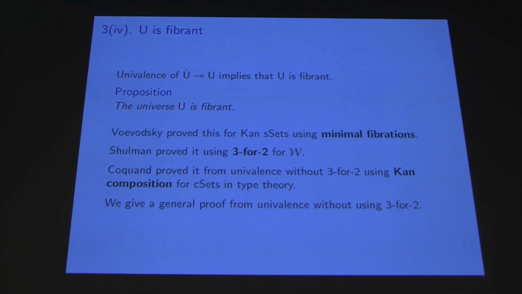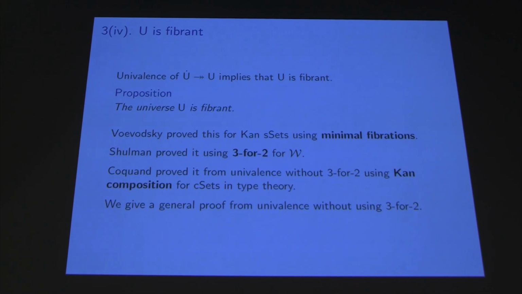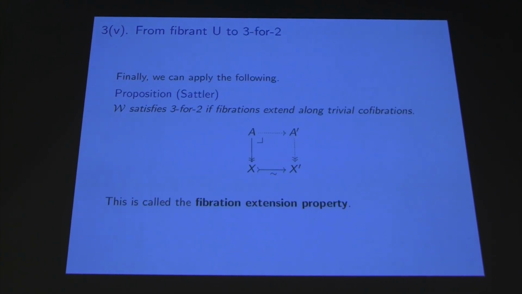Now, the universe itself is fibrant in virtue of this. This is another result with a history. Awodey proved it using minimal fibrations. Shulman has a proof using 3 for 2. We can't use that because we're trying to prove 3 for 2. Coquand has a type theoretic proof, and now we have a general proof of that. In fact, there's a sketch of that proof later in the slides if you're interested.